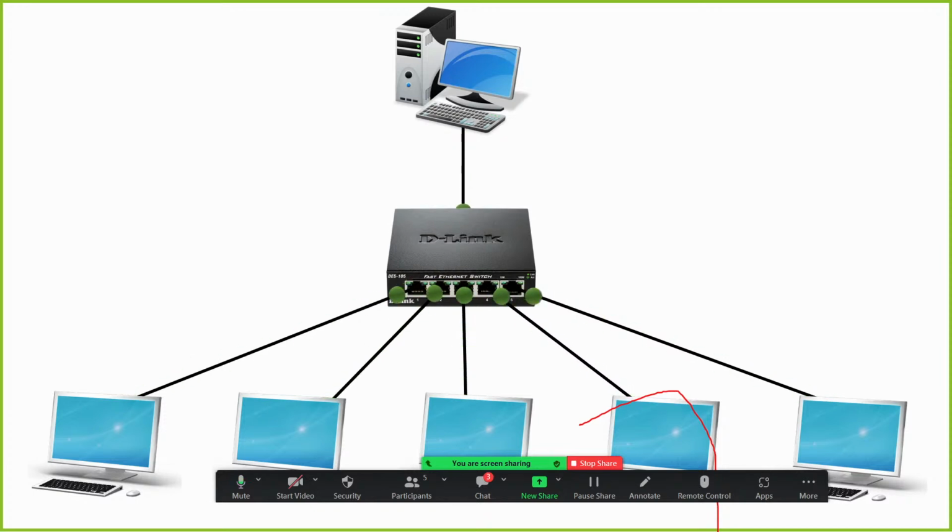Hub doesn't know what is the MAC address of the destination. This is the one reason. PC1 is sending data, for example here, PC1 is sending data to PC number 2, right? But still hub is sending data to all the devices. This is how we call broadcast. Broadcast means one to many. One to all, we call this broadcast.